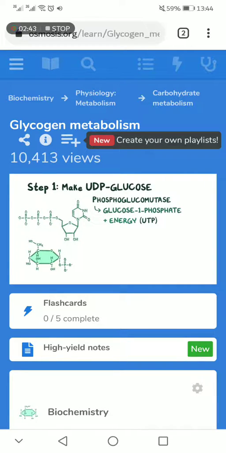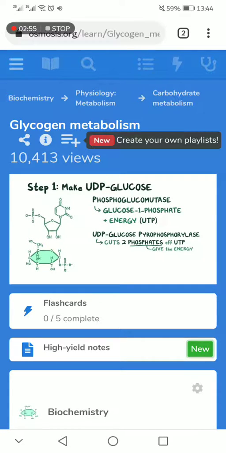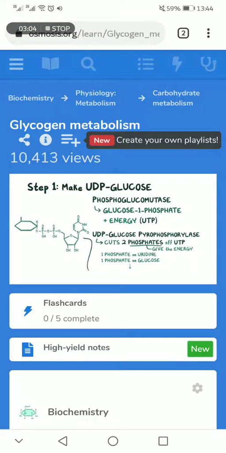In the presence of glucose 1-phosphate and UTP, an enzyme called UDP glucose pyrophosphorylase cuts 2 phosphate molecules off of UTP, which give the energy necessary to complete this reaction. So only 1 phosphate remains attached to uridine, and then glucose 1-phosphate is added to it. That makes 2 phosphates, so the resulting molecule is called UDP glucose.